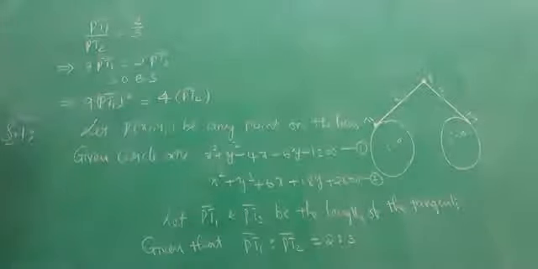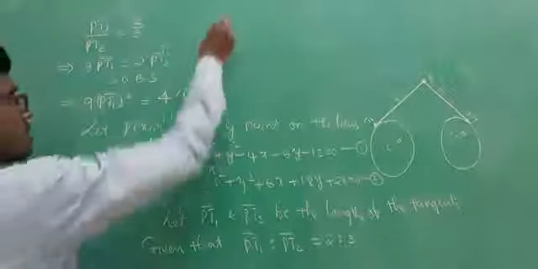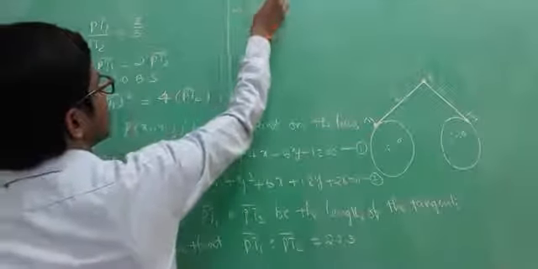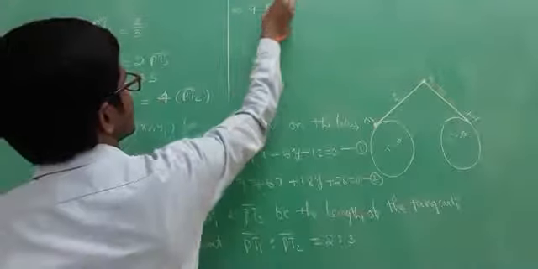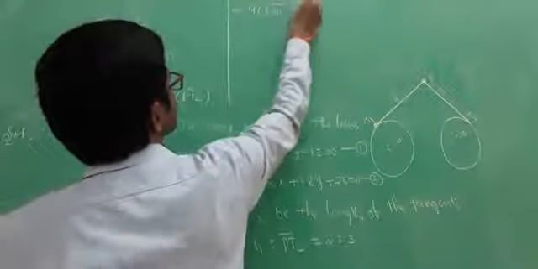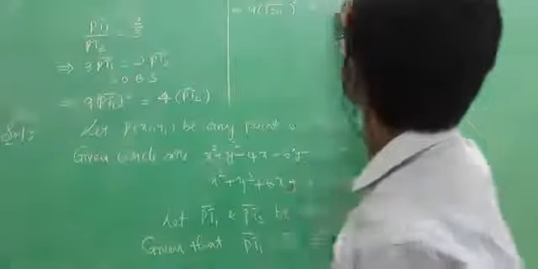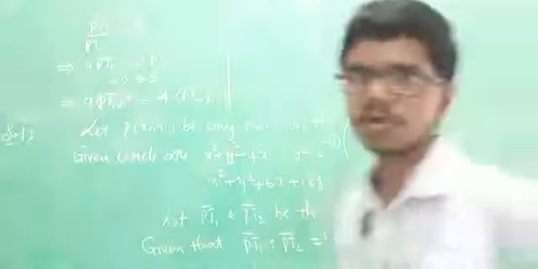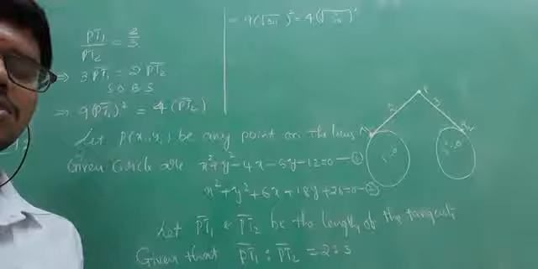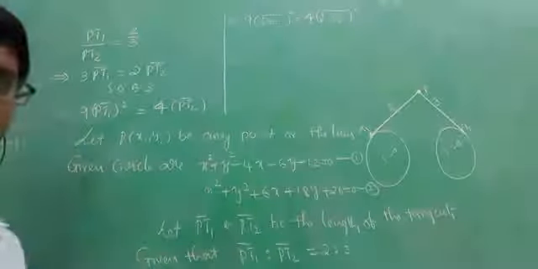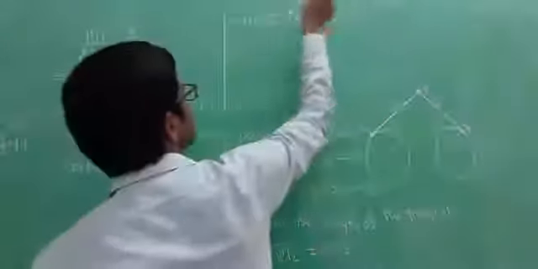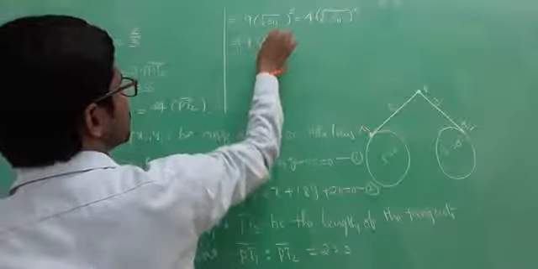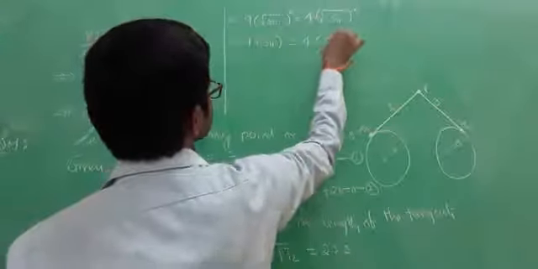The length of the tangent is root S11, so 9 into root S11 whole square is equal to 4 into root S dash 11 whole square, where S dash means the second circle. Square and root get cancelled, so 9 S11 is equal to 4 S dash 11.